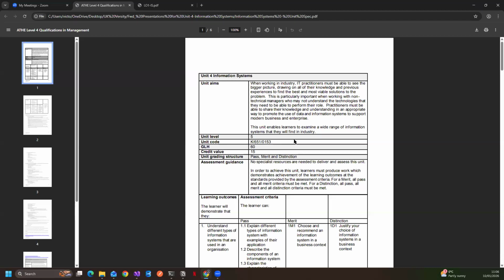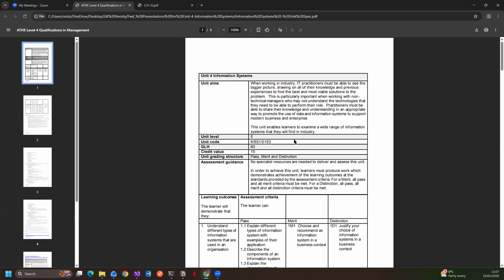This is particularly important when working with non-technical managers who might not understand the technologies that they need to be able to perform the role. Practitioners must be able to share the knowledge and understanding in an appropriate way to promote the use of data and information systems to support modern businesses and enterprises.